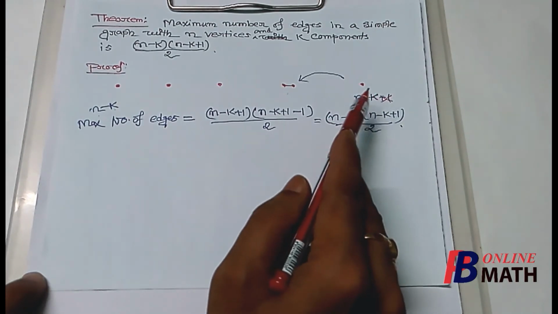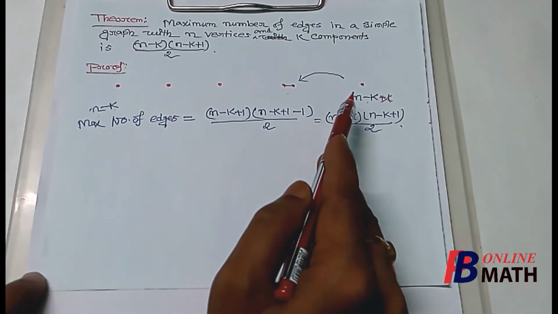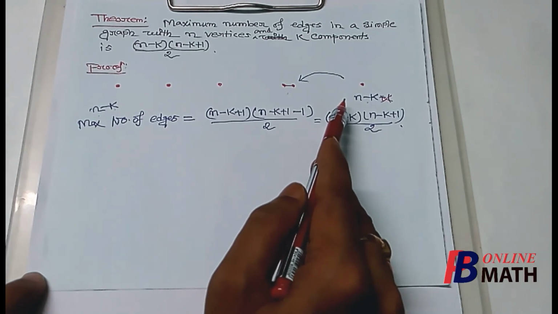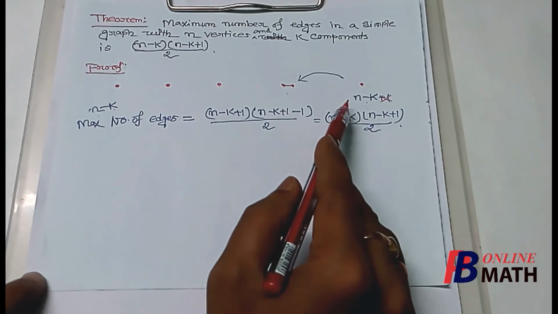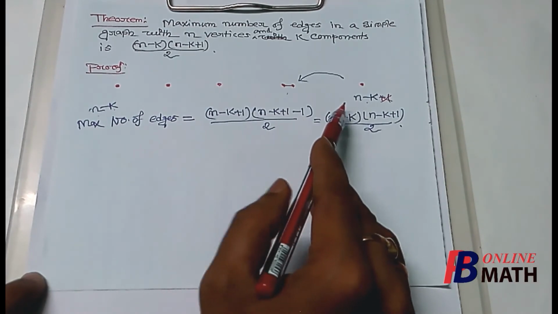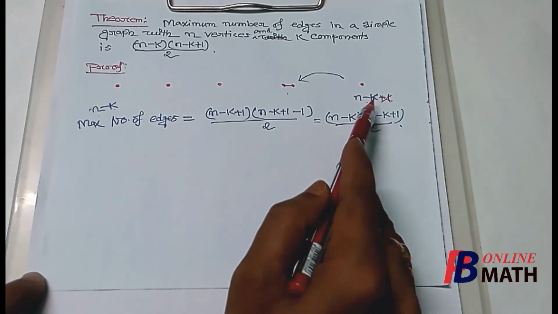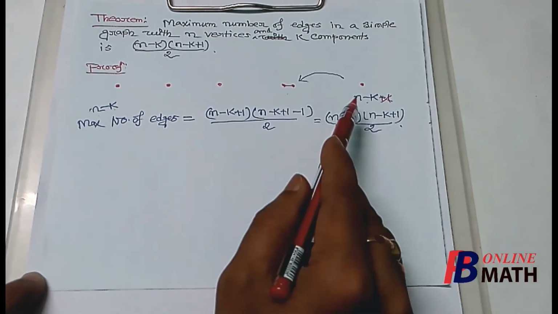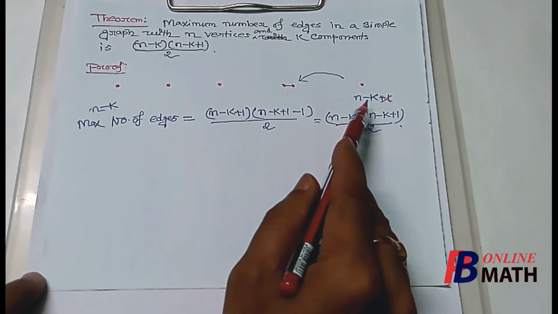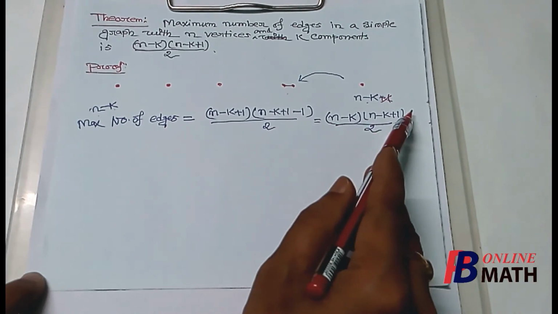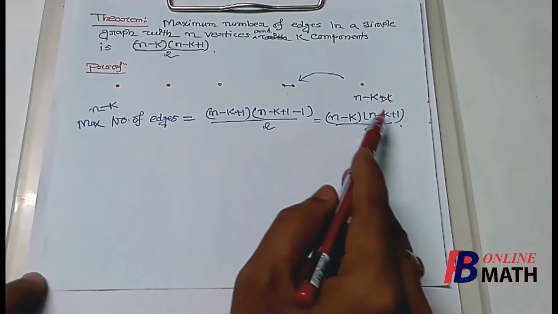So from a complete graph, if we remove one vertex, that vertex is connected to every other vertex of this component, that means all the remaining n minus k vertices. So if we remove this vertex, then automatically n minus k edges will be deleted, which are connected to this vertex.